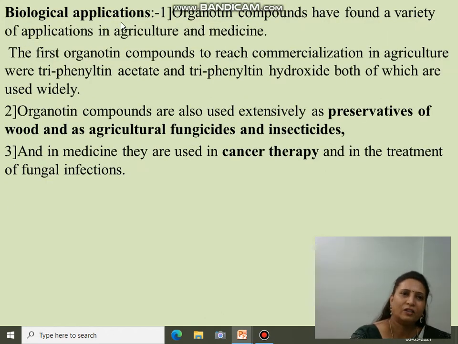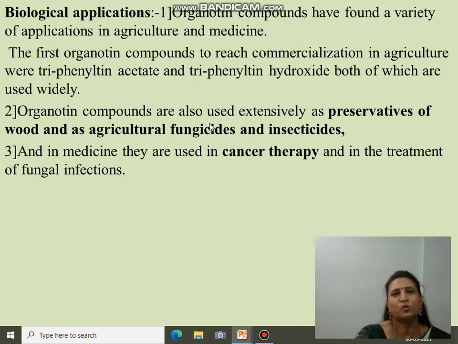In case of biological application, organotin compounds have found a variety of applications in agriculture as well as in medicine. The first organotin compound to be commercialized in agriculture is triphenyltin acetate, and triphenyltin hydroxide, both of which are widely used in agriculture.